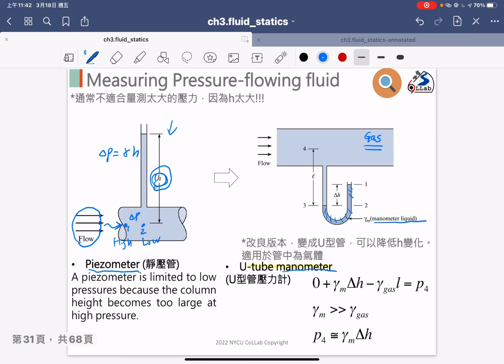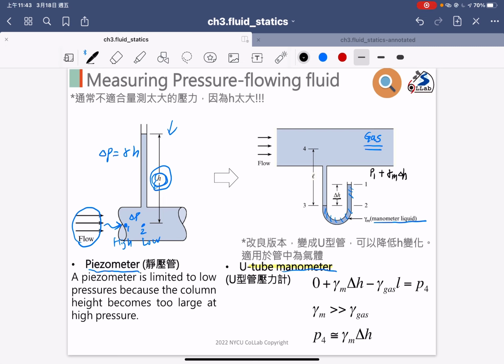We can start from here, point 1, the P1. Because P1 is always equal to 0, exposed to the air, we plus gamma m, the manometer liquid, and the delta H in here.